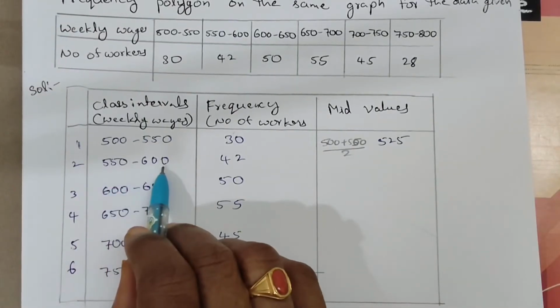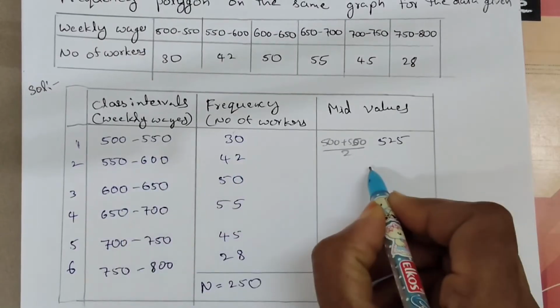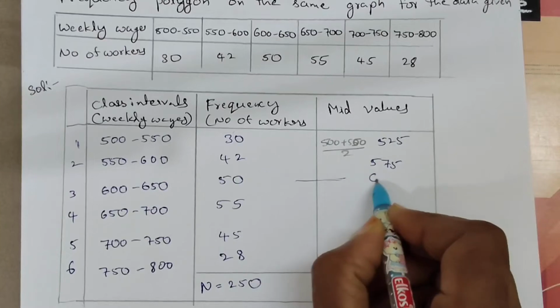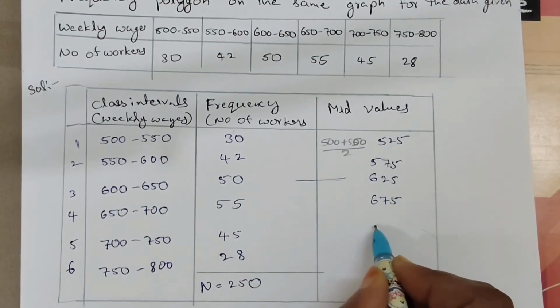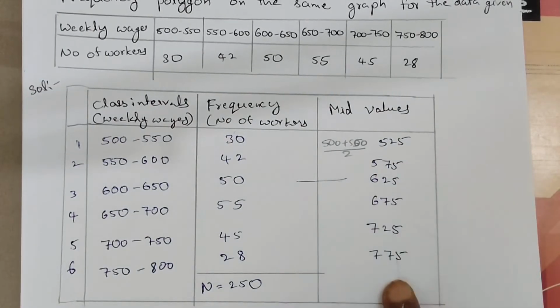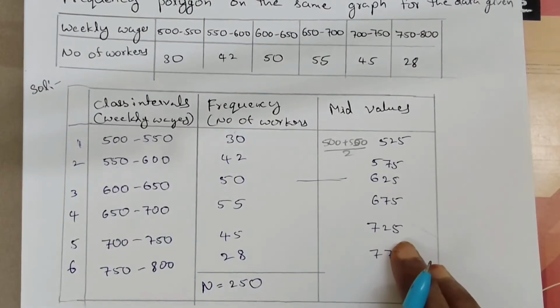Here 550 plus 600 is 1150, 1150 by 2 is equal to 575. Next, the remaining numbers by the same method: 625, 675, 725, 775. These are all the midpoints of these class intervals. So now the midpoints are completed.